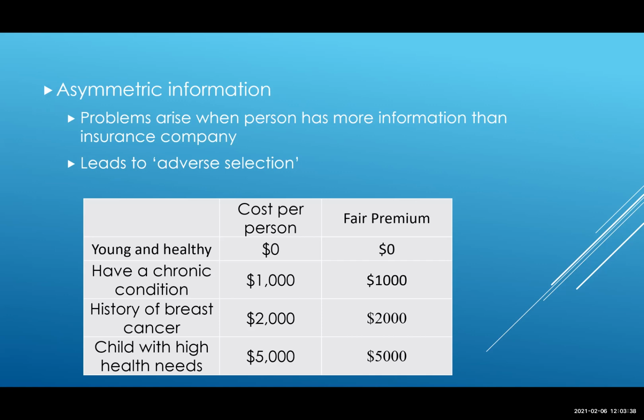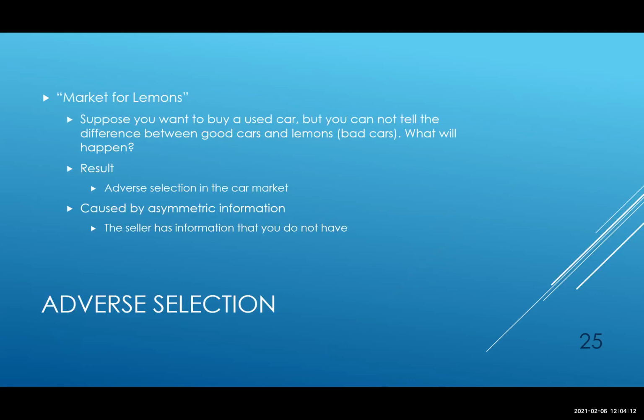So you're young and healthy. A fair premium is actually probably zero, because you don't really cost anything. If you have a chronic condition, maybe it's $1,000. A history of breast cancer could possibly be $2,000, depending on whether or not you end up with breast cancer, or if you have a child with high health needs, that could be upwards of $1,000.